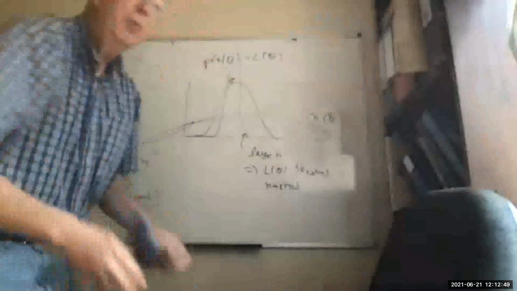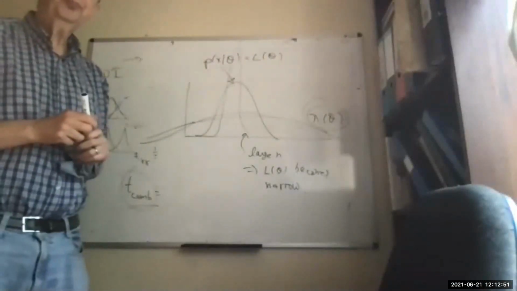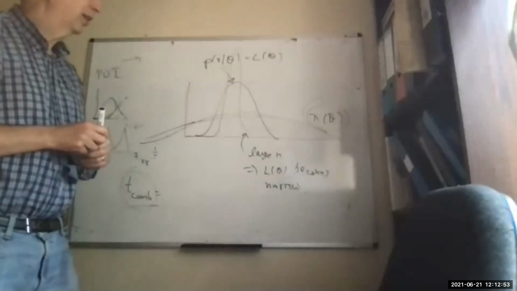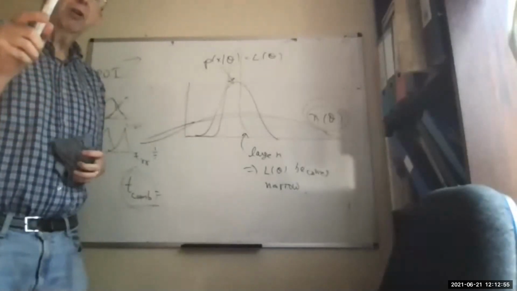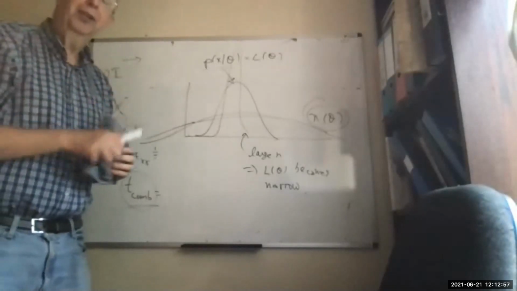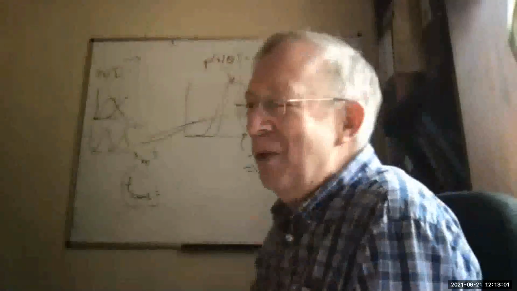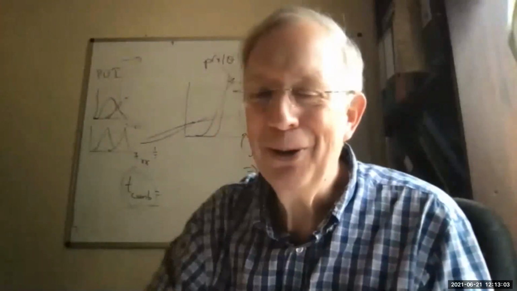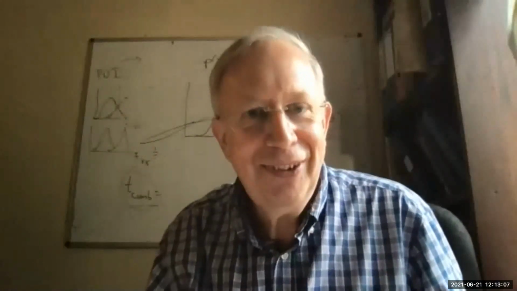Sorry, my chair is probably getting in the way. I hope that made sense. The one syllable answer to your question is yes. In this sort of limiting situation where the data becomes increasingly accurate, the posterior probability becomes insensitive to the details of the prior.